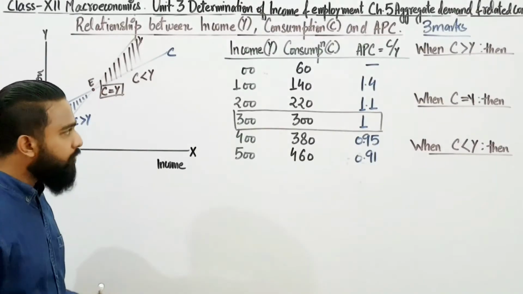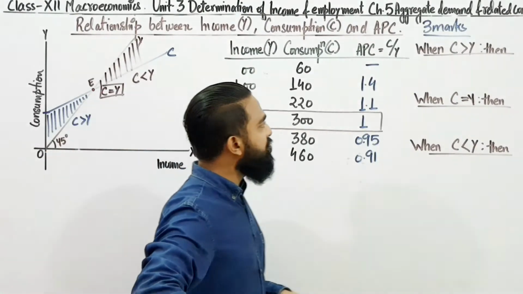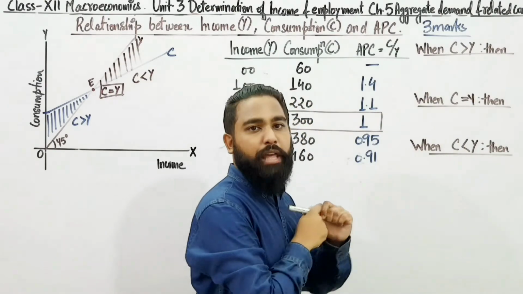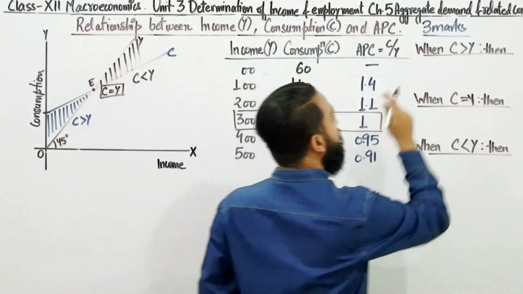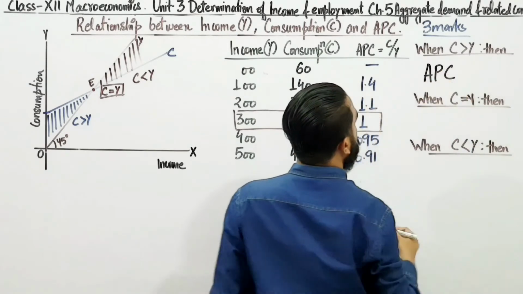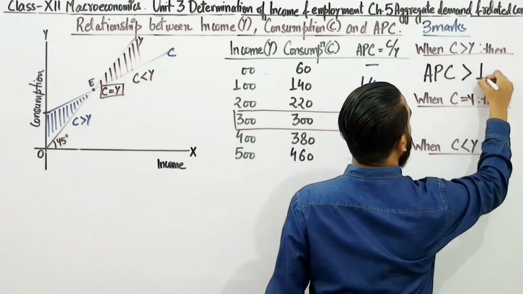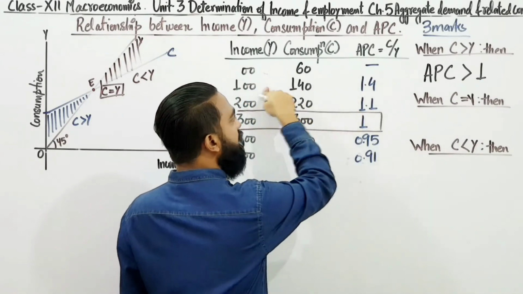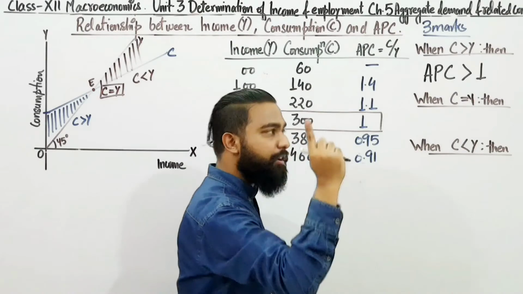Now, if you want to establish a relationship, then you can say that when consumption is more than income, the value of APC is more than 1.